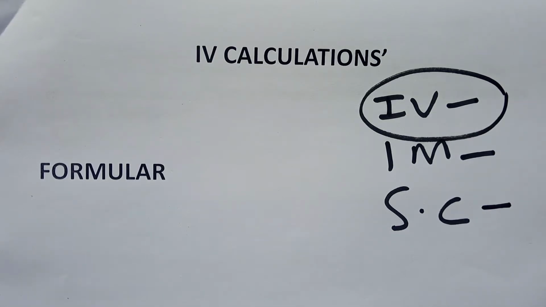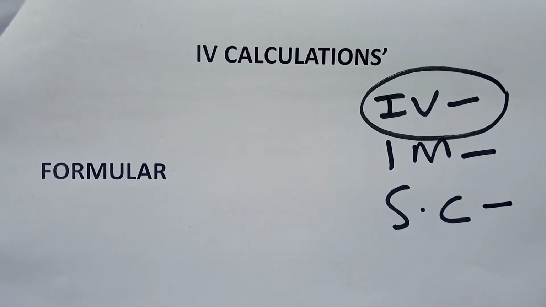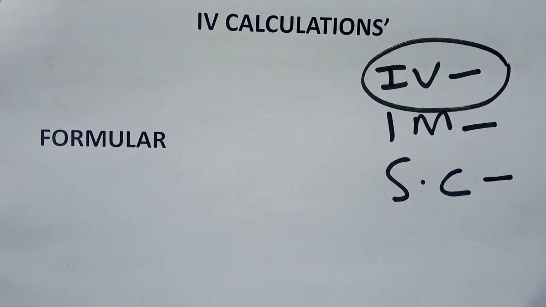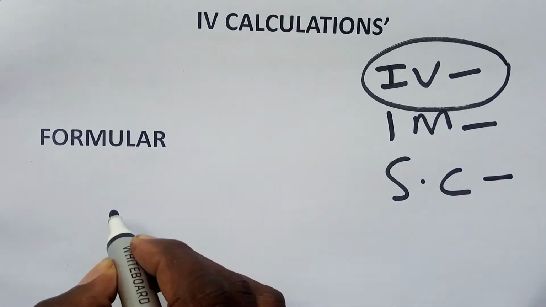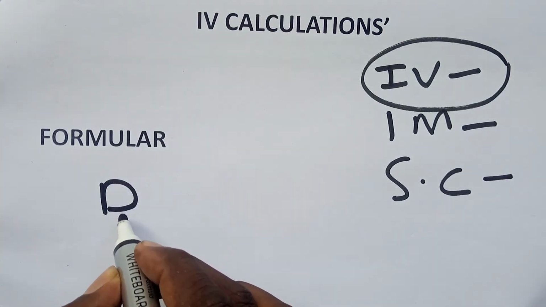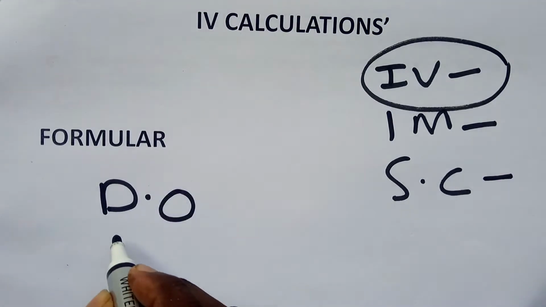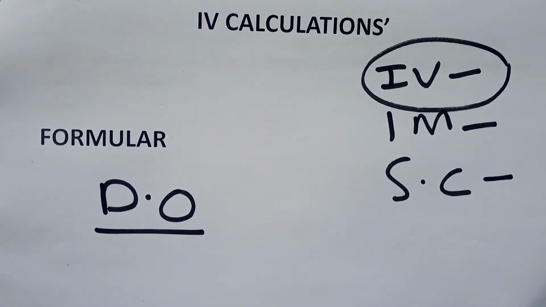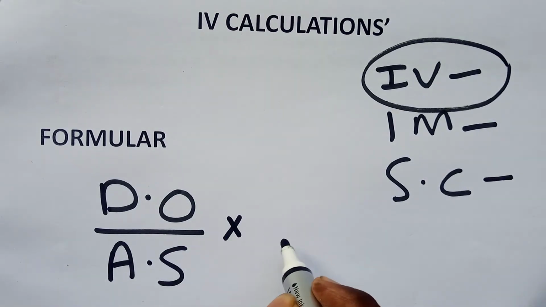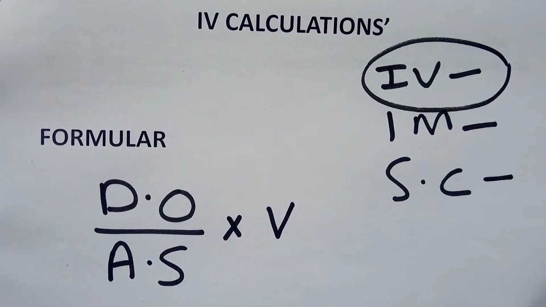So the formula we have is simple. For every drug you want to administer, you should be familiar with the formula. The formula is doctor's order, which we will abbreviate as DO, divided by the available stock or strength, times the particular volume of the drug.